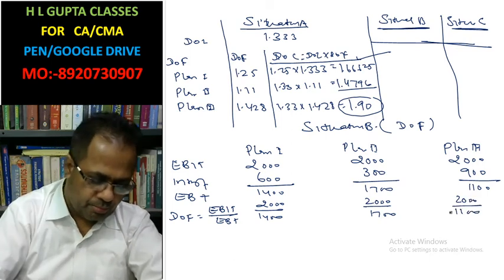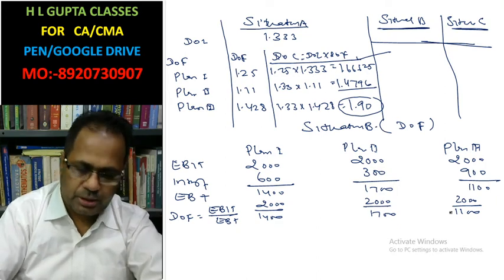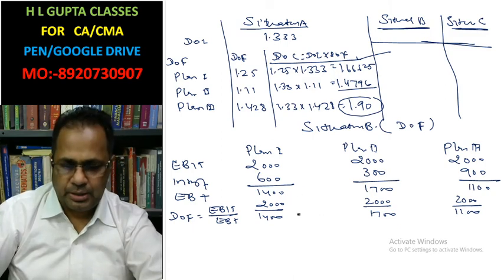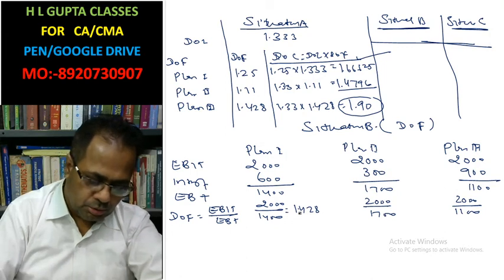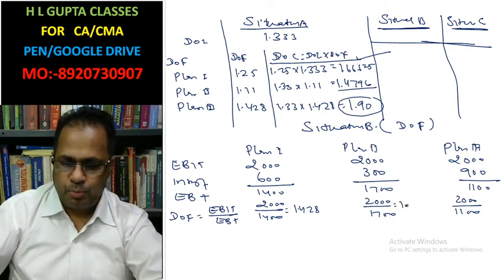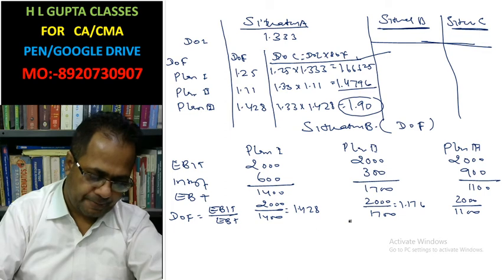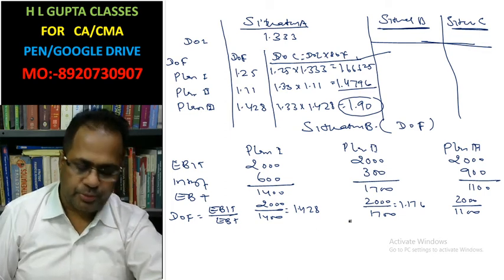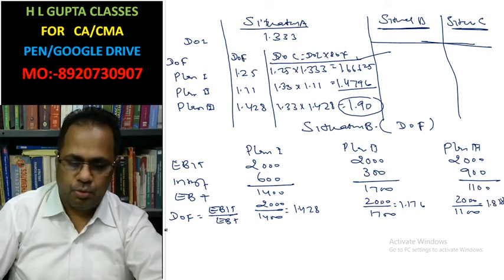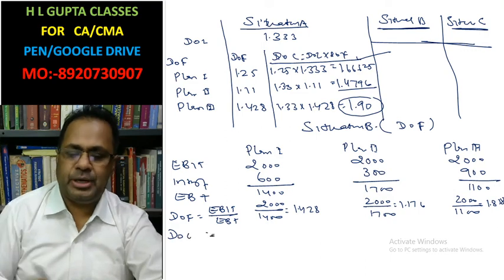So 2000 divided by 1400 is 1.428, then 1.176, then 1.818.